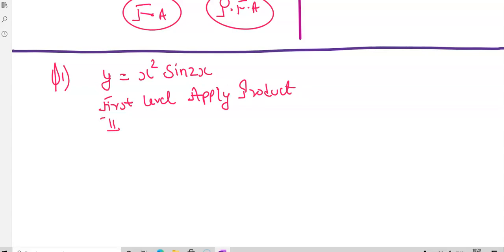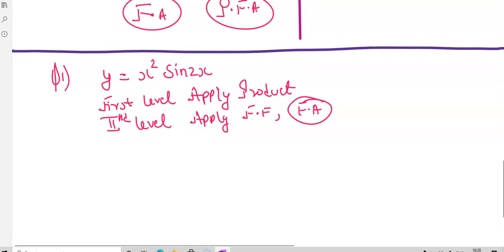At second level I will apply function of function, I mean function and angle concept.